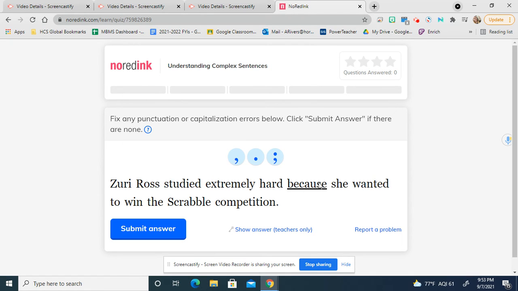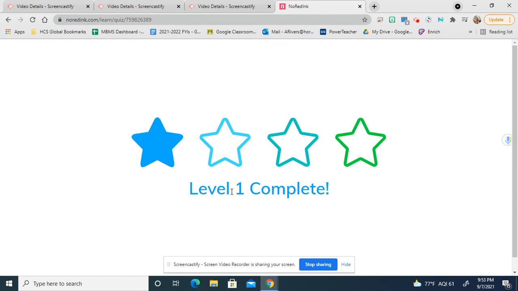So I could very easily, if No Red Ink would let me shift these around, put the word because at the beginning of the sentence and then say because she wanted to win the Scrabble competition, comma, Zuri Ross studied extremely hard. And I would still have the same sentence, but I would have the dependent clause in the beginning, not going towards the end. So because it shows up in the middle, not at the beginning, I can go ahead and submit my answer as is. We don't need a comma before it.